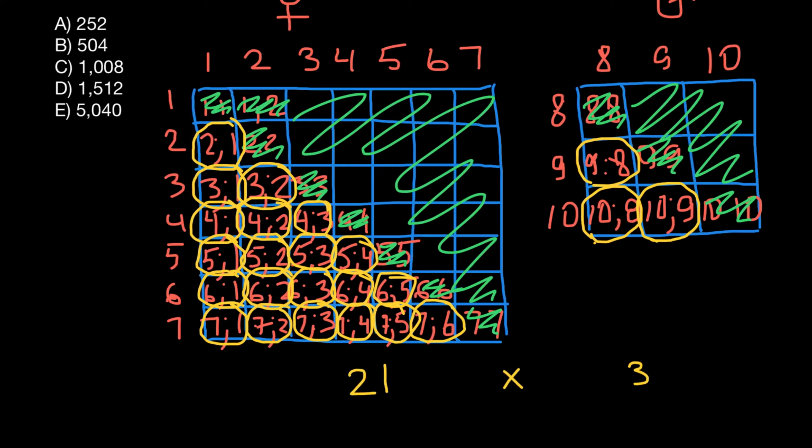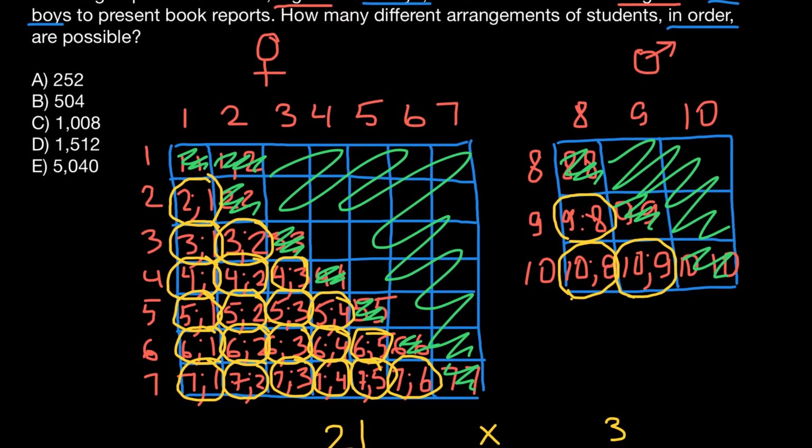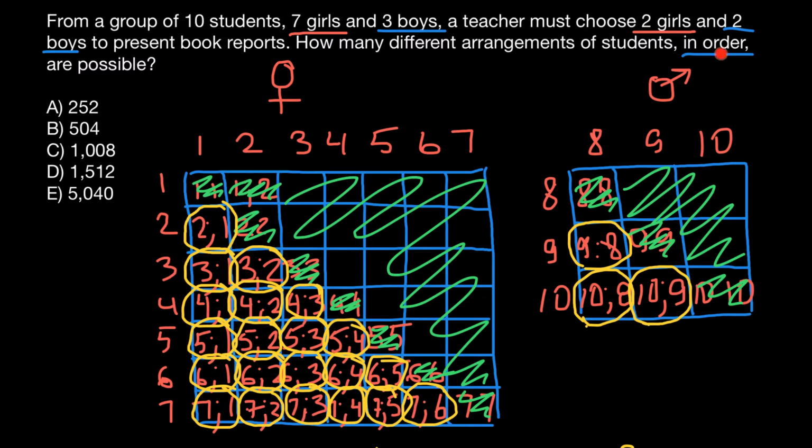But now we have to use the rule of permutation. So when we have found all the unique combinations, think about this like a salad. We have found all the ingredients, but in combinations, order doesn't matter. But according to our problem, take a look, we have to find it in order.